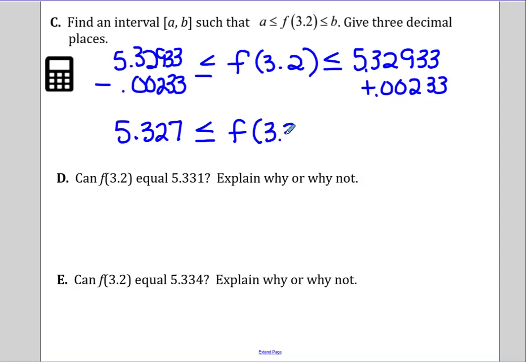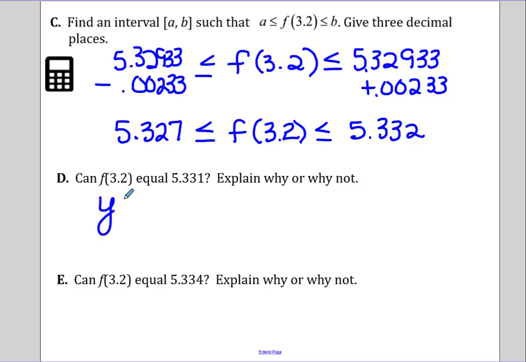So the actual function value has to be between 5.327 and 5.332. So we took our value that was the estimate in part A and added the error bound from part B, and we found the interval from A to B where the actual value has to occur. So can the actual value equal 5.331?